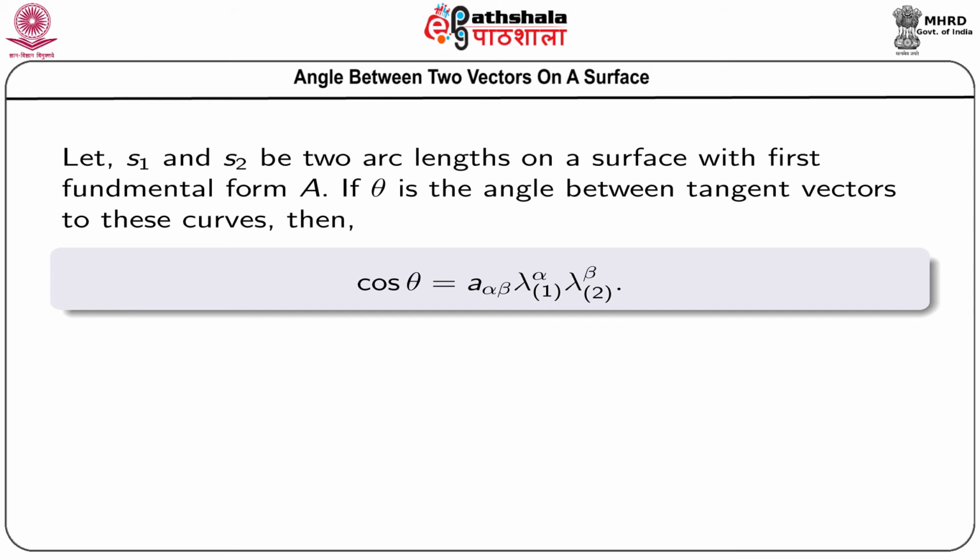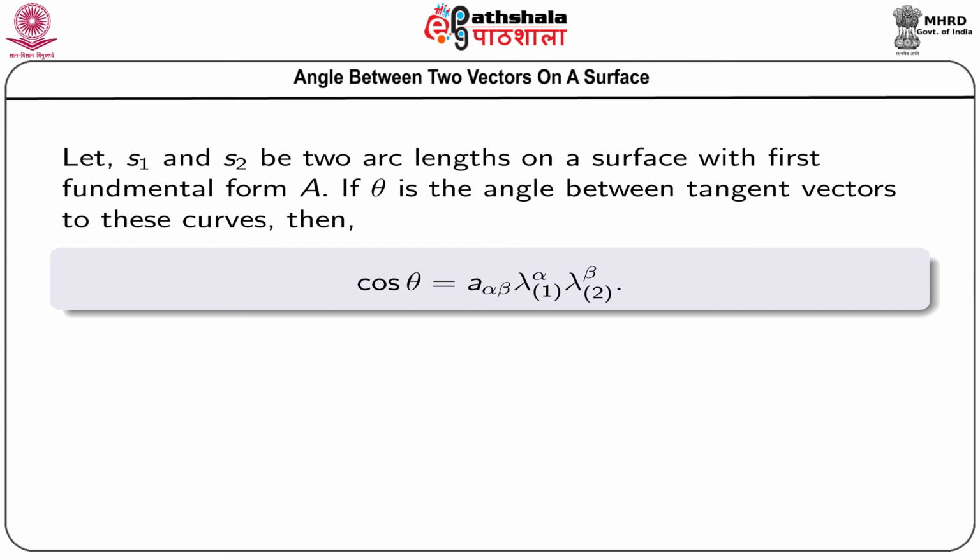Now, lambda alpha 1 are the components of the unit tangent vector for the arc length S1, and lambda beta 2 are the components of the unit tangent vector for the arc length S2. So, the angle between them can be written in this form, and as they are unit vectors, there will be no denominator.